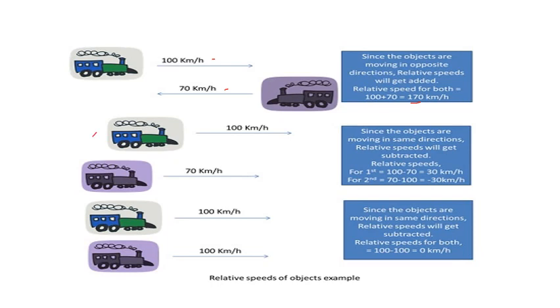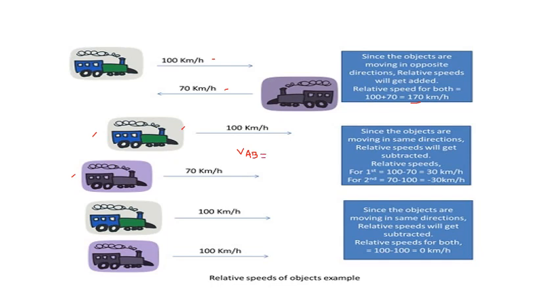And look at the second example. If both the trains, object A and object B, are traveling in the same direction, one with 100 km per hour and the second one with 70 km per hour, what will be the relative velocity? Yes. Relative velocity will be the difference between the two velocities. So what is VAB? VAB means the relative velocity of object A with respect to B. What is the formula?